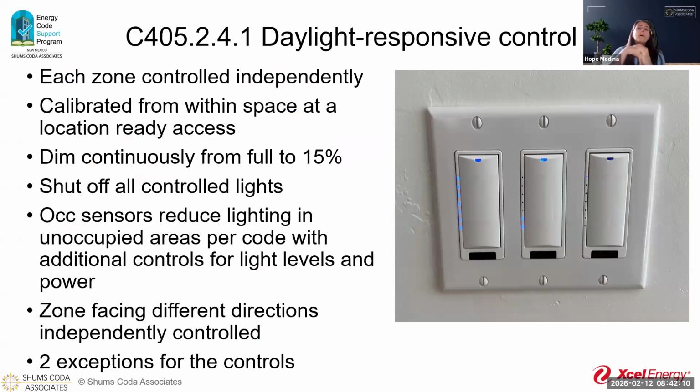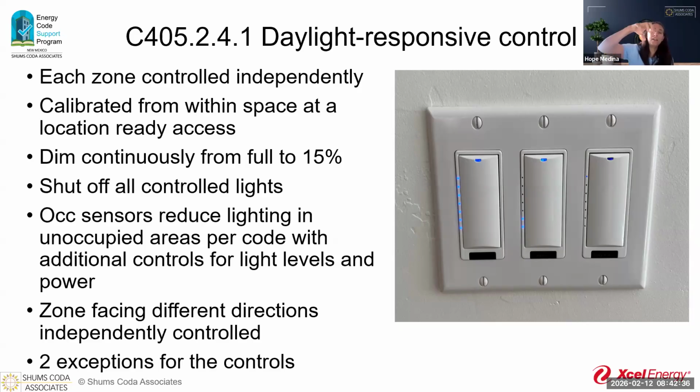Now, our daylight responsive controls that we're going to put in our primary and secondary zones. This is the criteria that we have to have. Each of those zones, if they quantify as needing the controls, there has to be a control that's independent of each other.